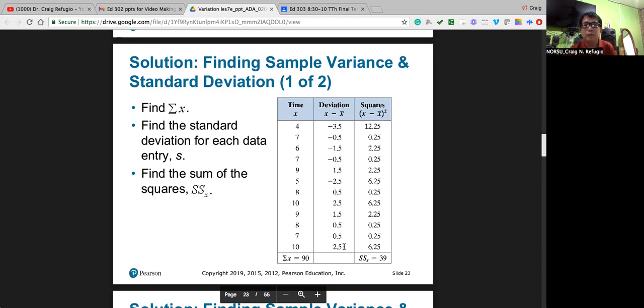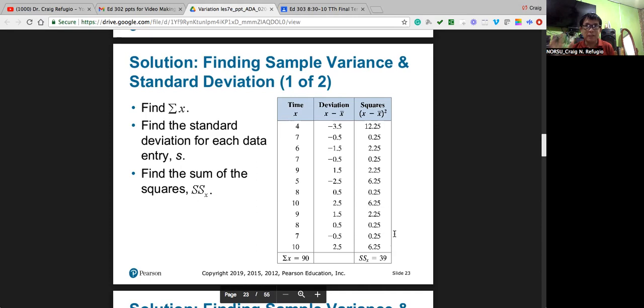Up to 2.5 squared, or 2.5 times 2.5, gives you 6.25. Then get the total, that is SS sub x, the total of the third column, and the total is 39.